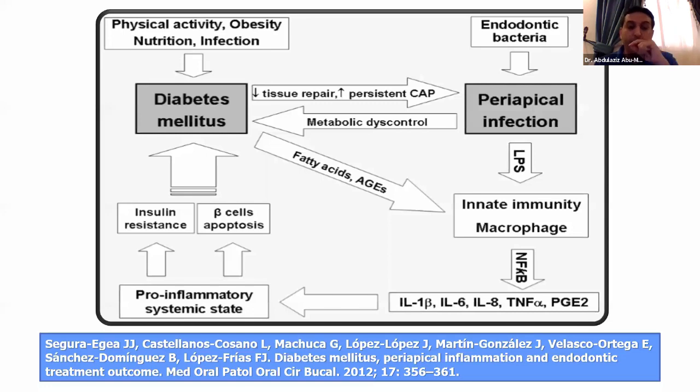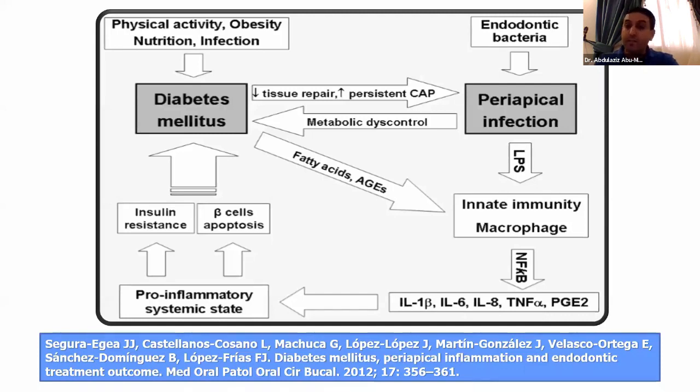This is a good study, and it shows the interrelation between the endo infection and the diabetes. On one side we have the infection and the lipopolysaccharide, and we have the immune system. All of these chemical mediators are affected by the healing, which is affected by the diabetes.